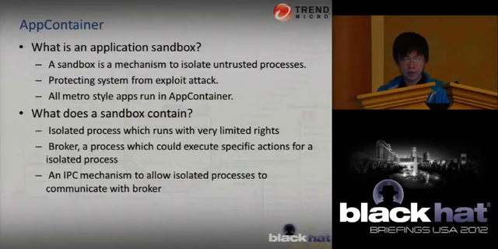And they need an IPC mechanism to allow the isolated process to communicate with the broker. So your app needs to use the IPC mechanism to communicate with the broker, so then the broker can do some privileged things for you.